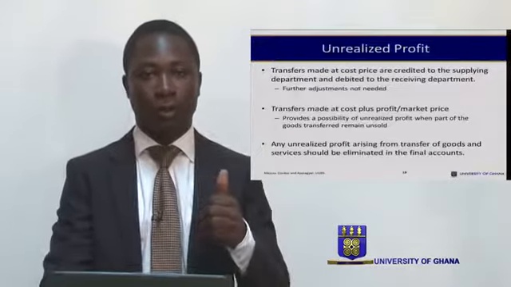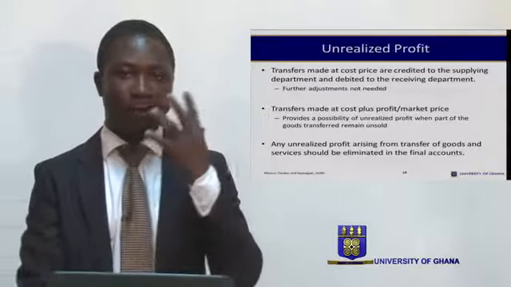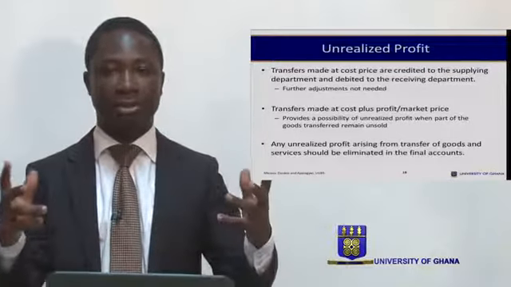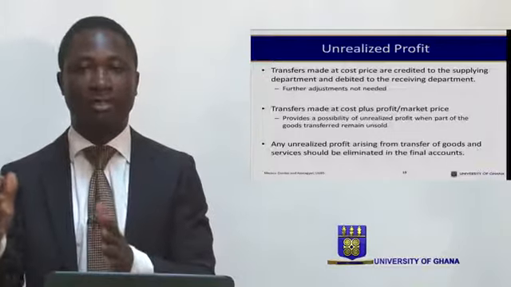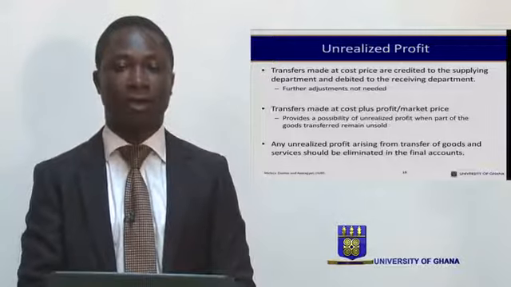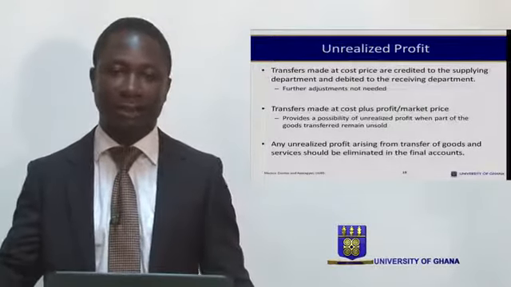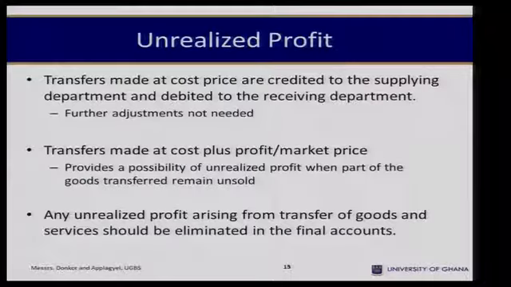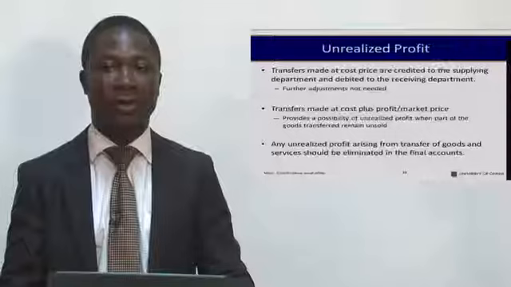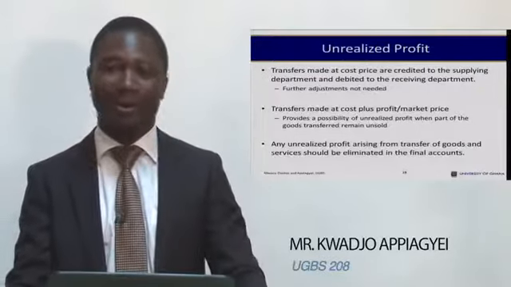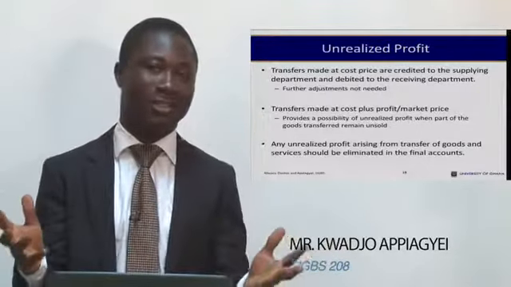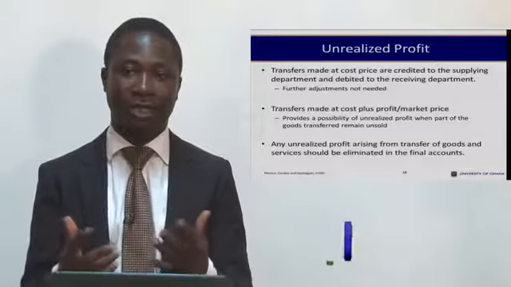Now, for that matter, once the organization is one big unit, but being operated under separate or distinct departments, you should know that whenever there's a transfer of goods from one department to the other at a market price or at selling price, then the department that made the transfer would have made some gains, which we would call profit from the transfer. However, it is the same organization, so you should look at it this way.